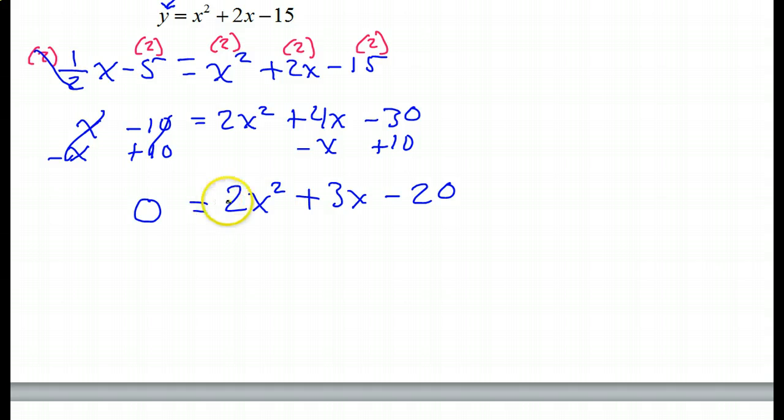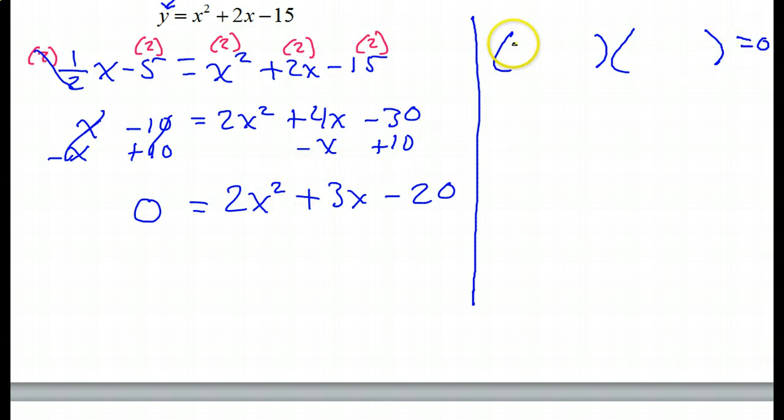Okay, I need to factor this. There is no GCF, so I'm going to have to deal with that as is. So when I go to factor this, 2x squared can only be 2x times x.